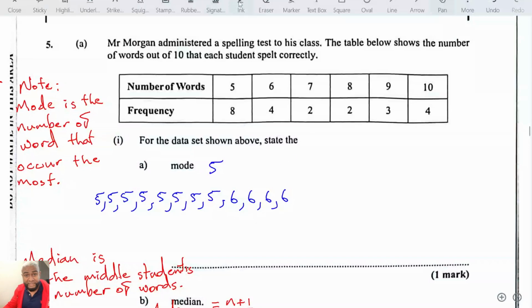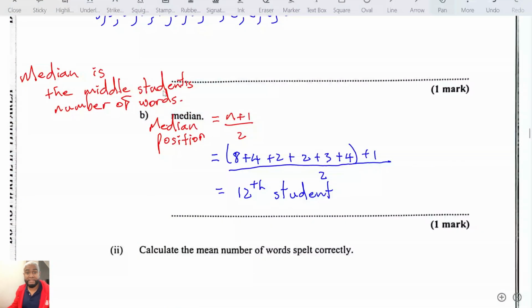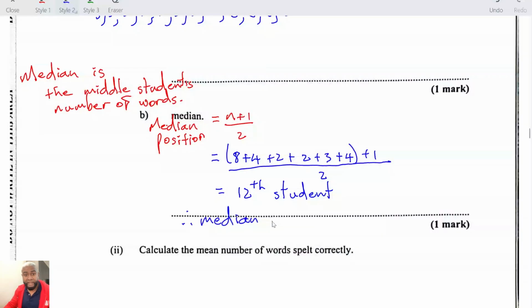So the 12th student actually got 6. This is the 12th student right here. They got 6 out of 10. So therefore your median would be equal to 6 words.